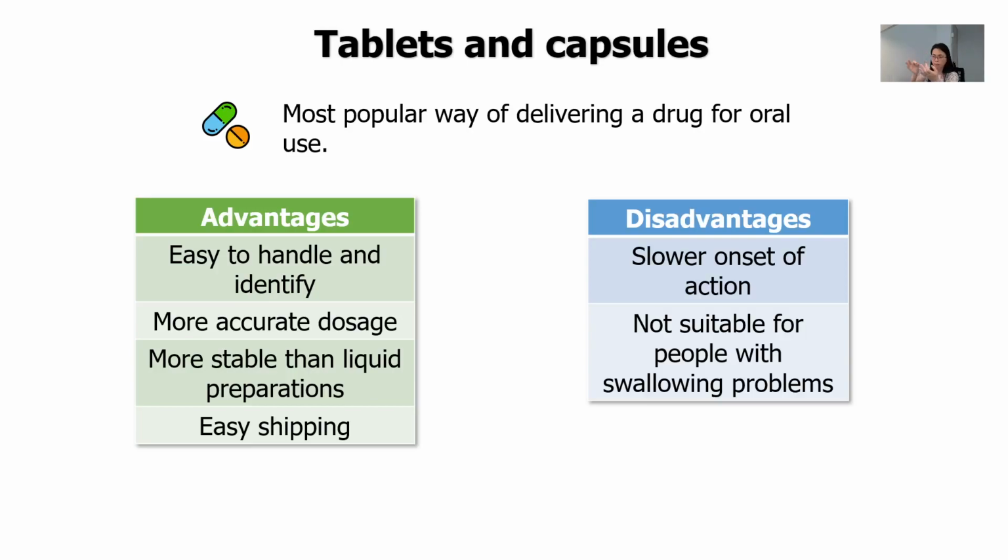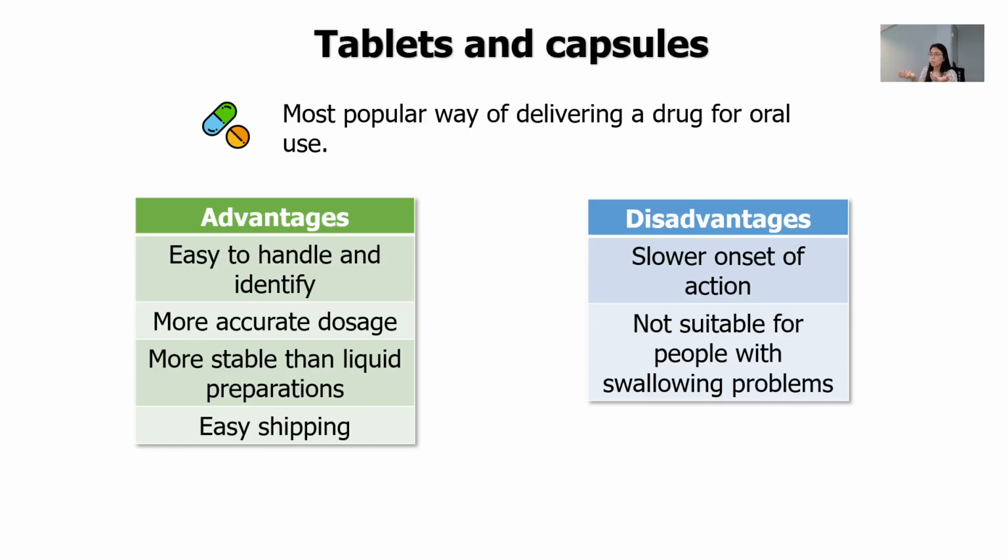Let's say we supply a paracetamol syrup or paracetamol suspension to a mother. How accurate the drug dosage is depends on the skill of the mother, whether she can measure the amount of drug correctly or not.